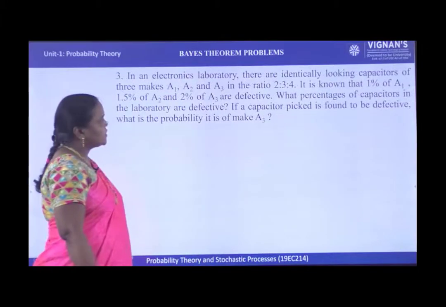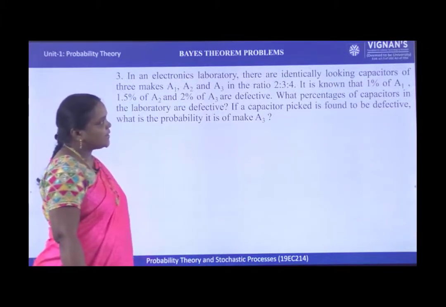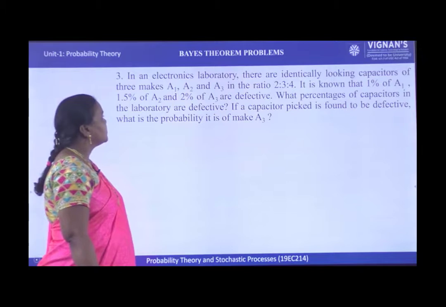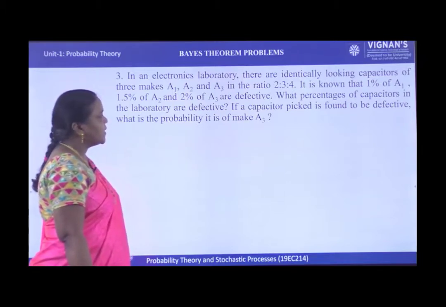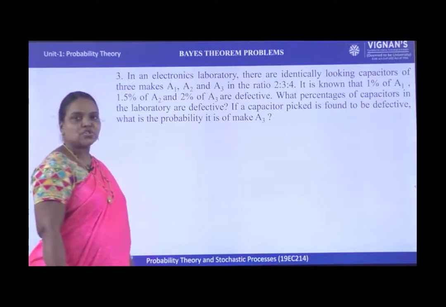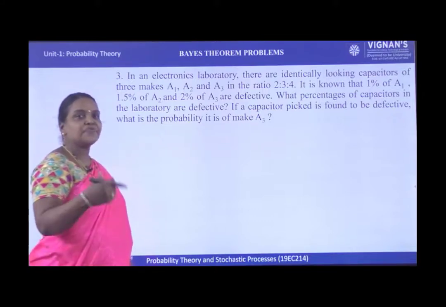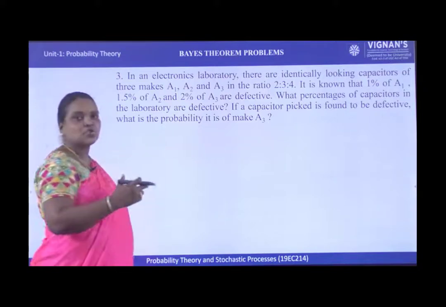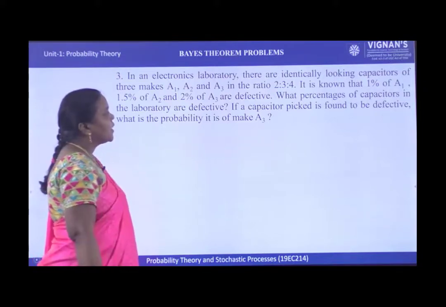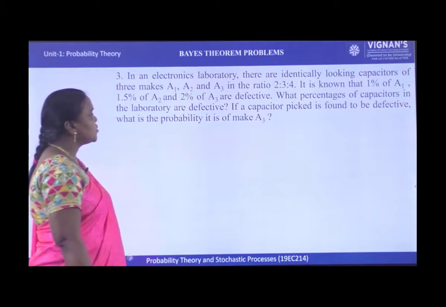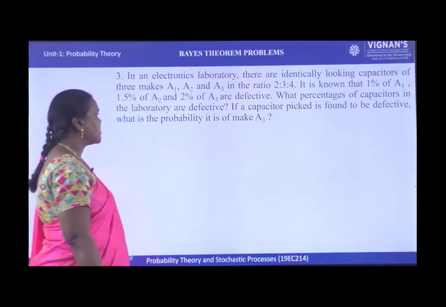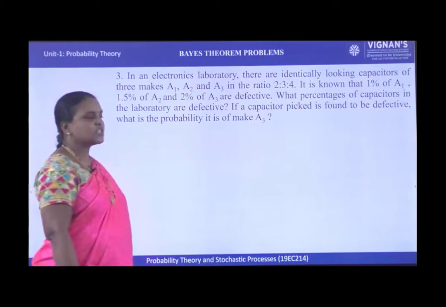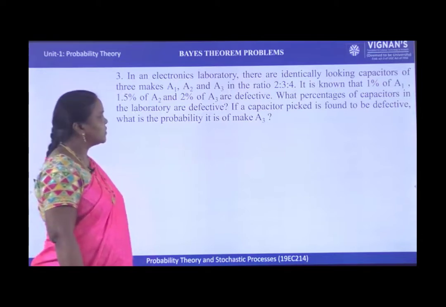In an electronics laboratory, there are identically looking capacitors of 3 makes. Here 3 companies, A1, A2 and A3, in the ratio 2:3:4. That is, their manufacturing quantities are in the ratio 2:3:4. It is known that 1% of A1, 1.5% of A2 and 2% of A3 are defective.